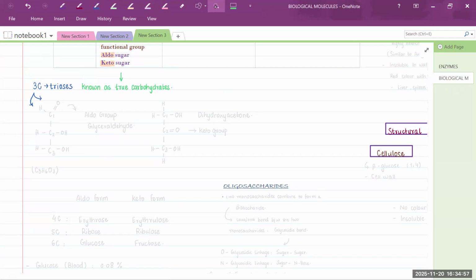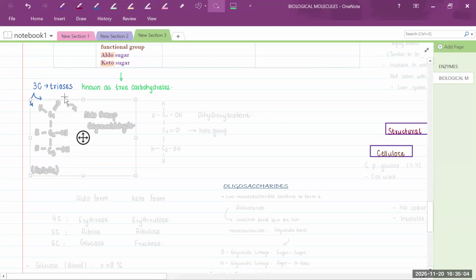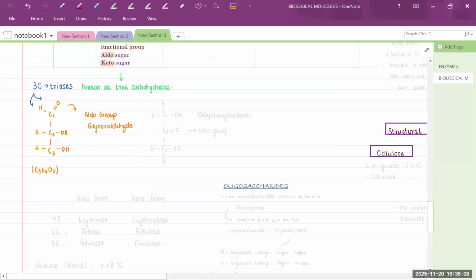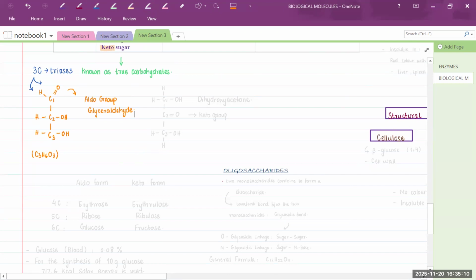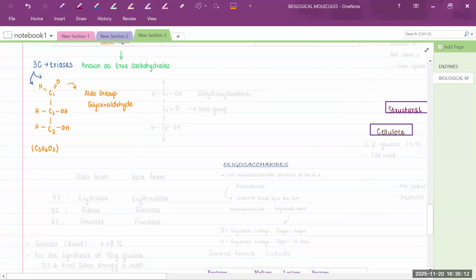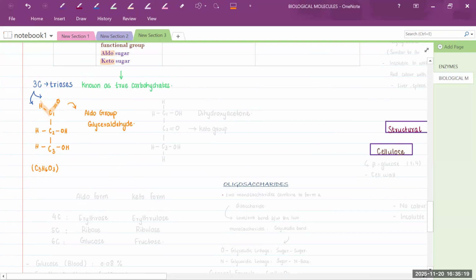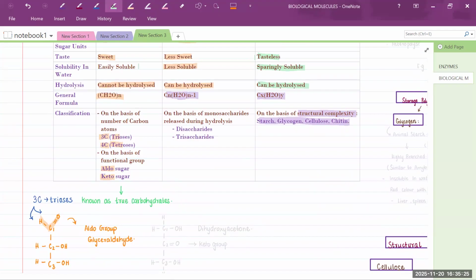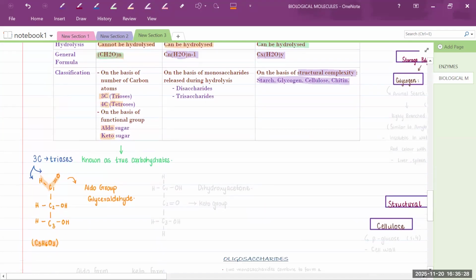How will I make that? For example, this is the aldo group. This is the aldo form of the trioses, and you can see the aldehyde group here. This is known as glyceraldehyde, and it has a formula of C3H6O3. You can find this formula using this formula, CH2On.